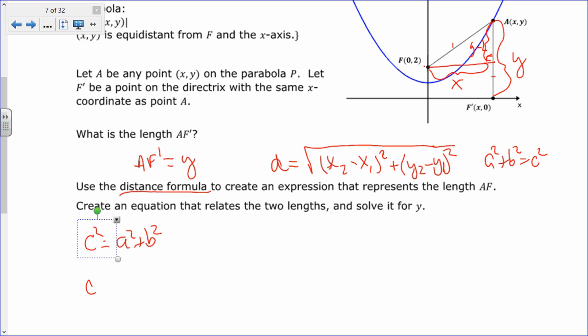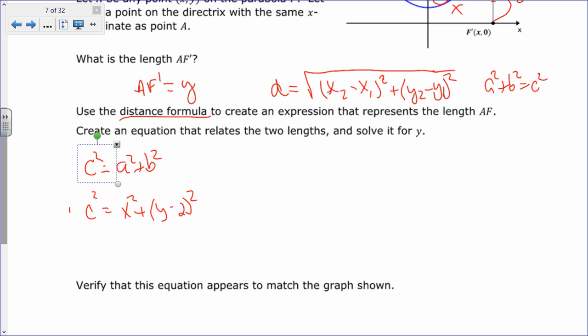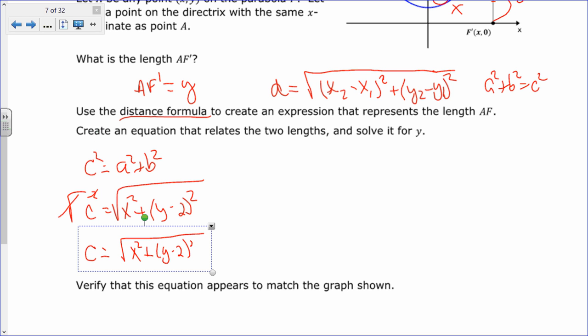So c squared is equal to, pick a to be the x distance, so x squared, plus b, the y distance, which is y minus 2, so y minus 2 squared. And then just take the square root of both sides. So c equals the square root of x squared plus y minus 2 squared. And we're going to replace c with AF.